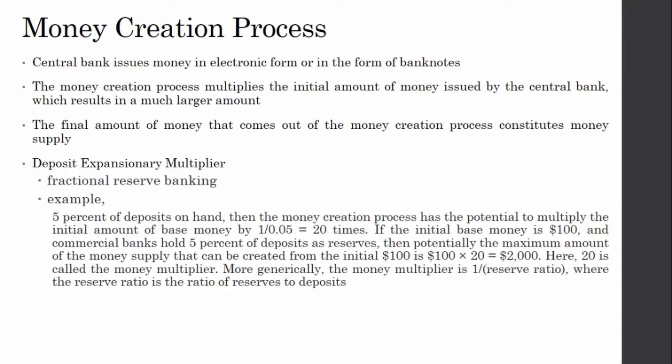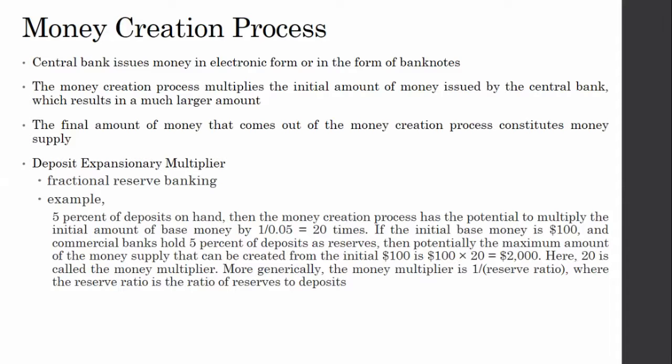So how do we issue this electronic money? Basically through a credit to the commercial bank account held at the central bank. The central bank will credit the amount to the account held by the commercial bank. But how can they just credit the amount? There should be a transaction.